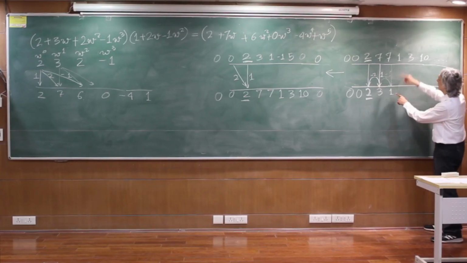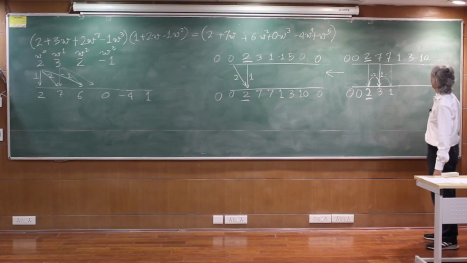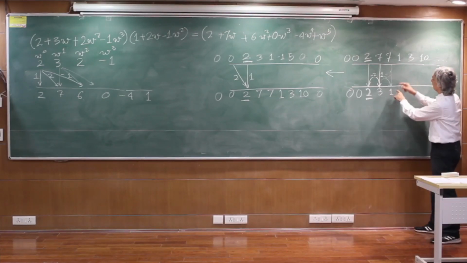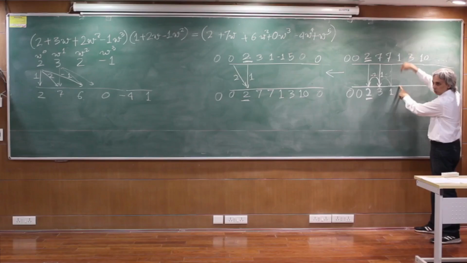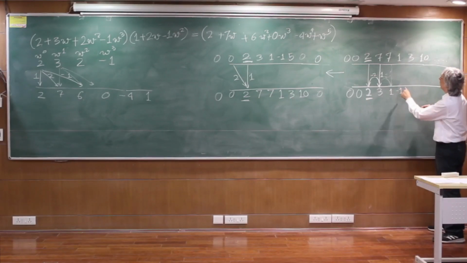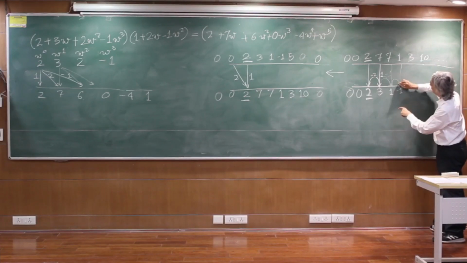Correct? Sorry, something wrong happened. Is 1, right? Okay. So 1 multiplied by minus 2 is minus 2, plus 1 is minus 1. This is what we did.